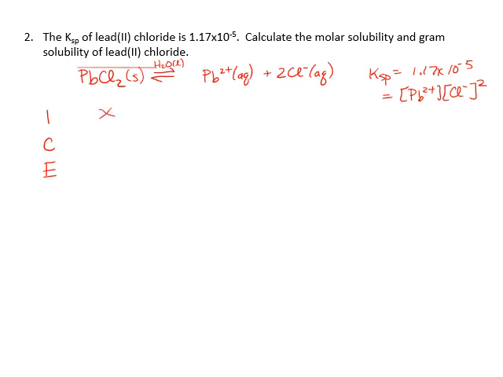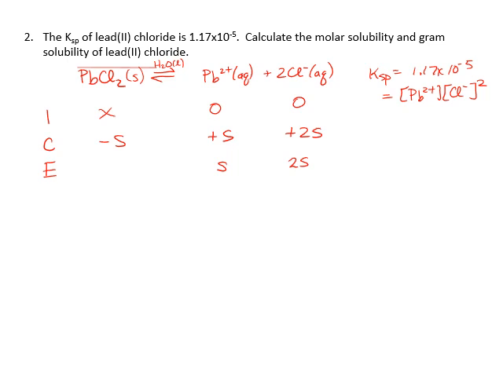Again, for solids, we don't need to put in a value for concentration. We assume that we start with 0 lead and 0 chloride in solution. Our change will be -S, plus S, plus 2S. So at equilibrium, there should be S molar of the lead ions and 2S molar of the chloride ions.